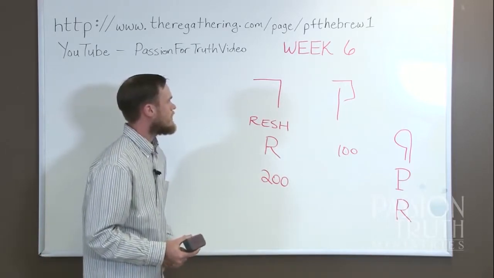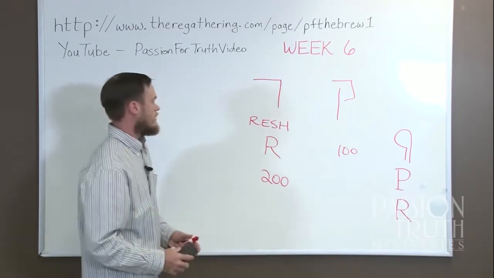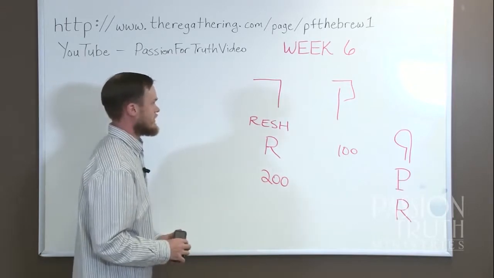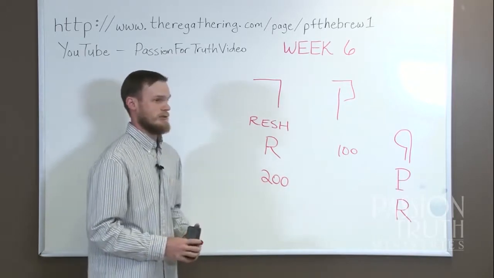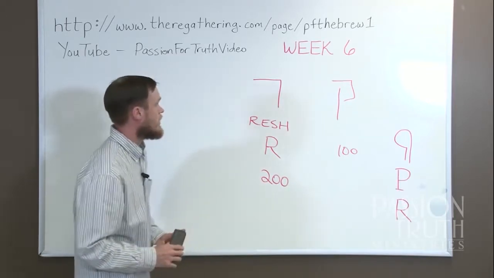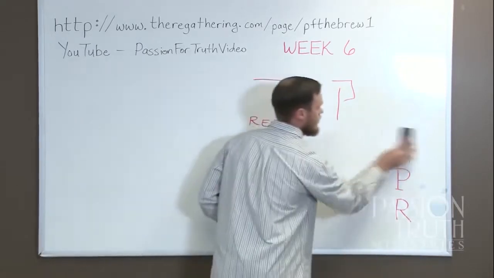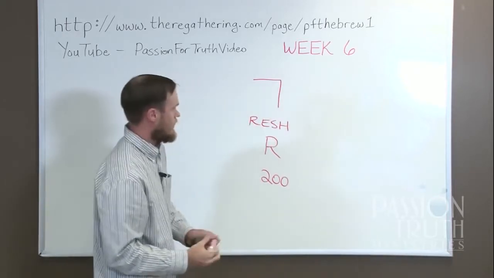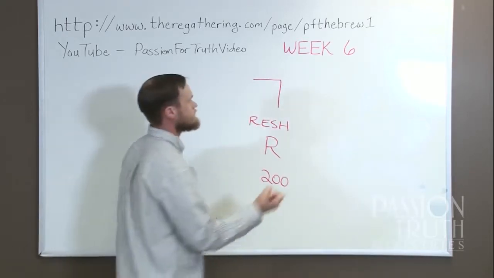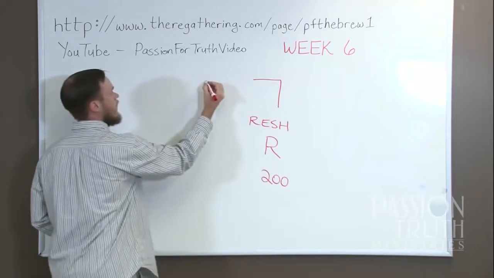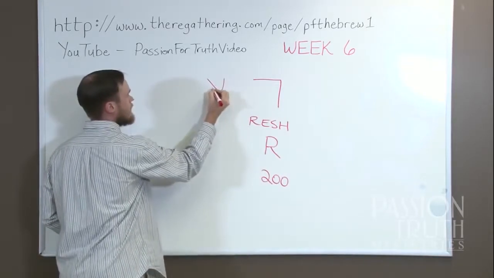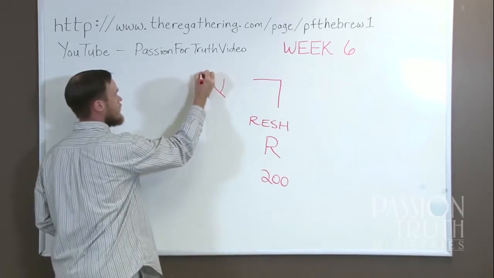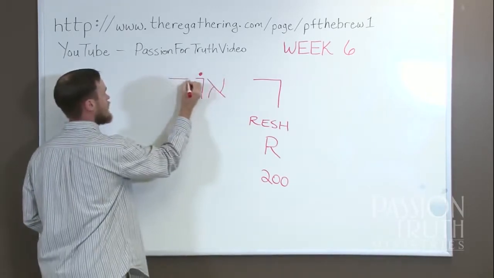And so the resh is part of a lot of very significant words. Rosh, which means head, as I mentioned, although I'll go over that when we go over the sheen. Some other words that you'll encounter frequently. Aleph, followed by a vav with a cholam, followed by a resh.